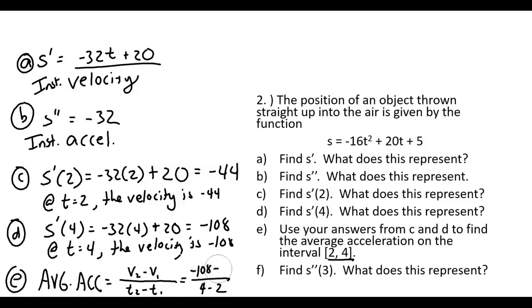And the first velocity at t equals 2, we found out from part C, is negative 44. And so if we simplify this expression, let's see what we'll get. Getting negative 32. And we don't have any units, so I can't put any units on there. But there would be the answer to part B.